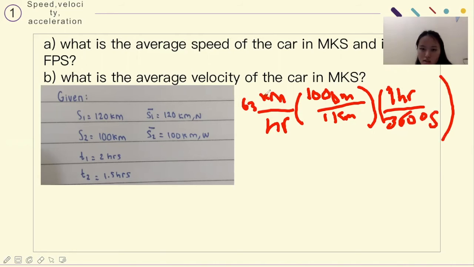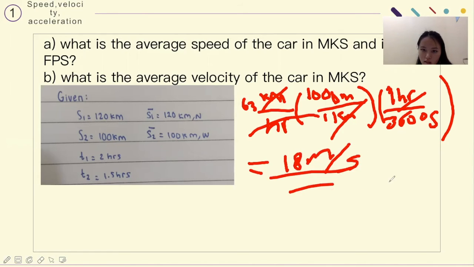Then cross out the same units, kilometer and kilometer, hour and hour, and when you multiply and divide all of these numbers, you will get 18 meters per second. So this is the answer in MKS.